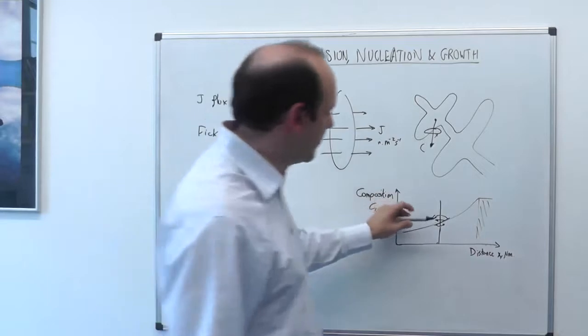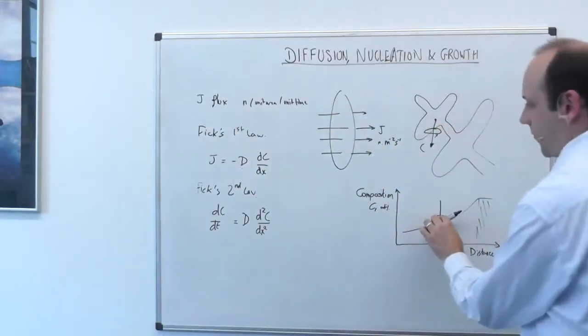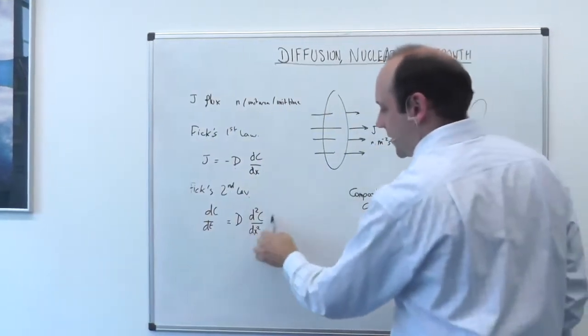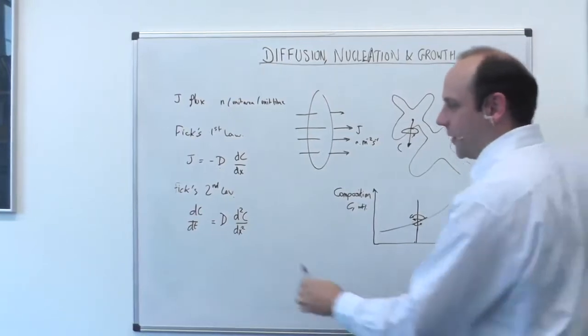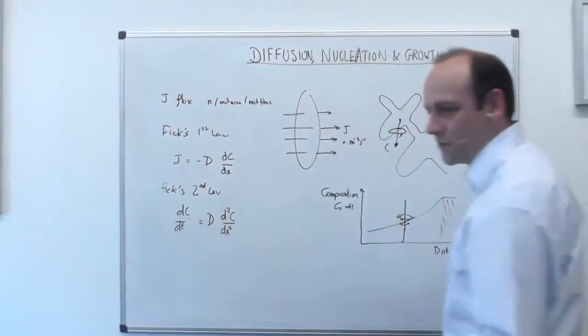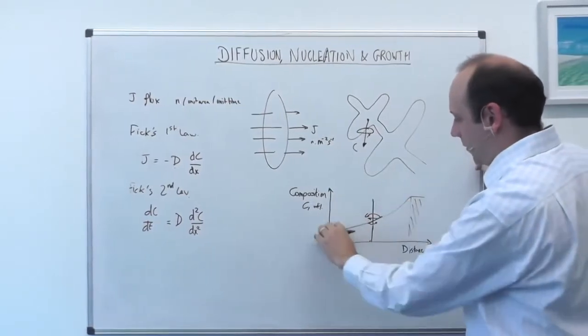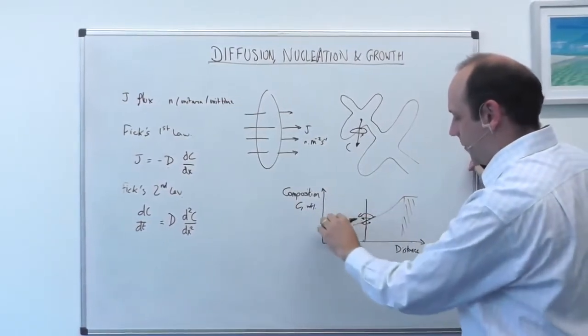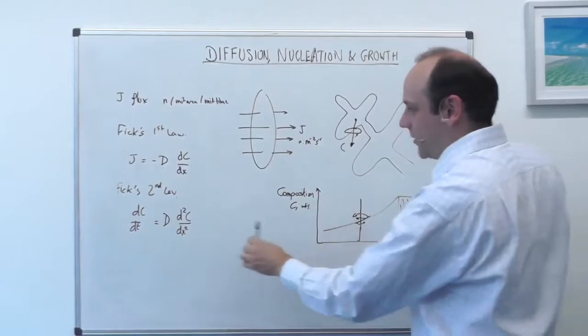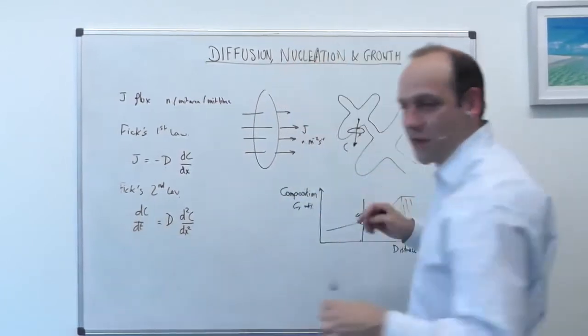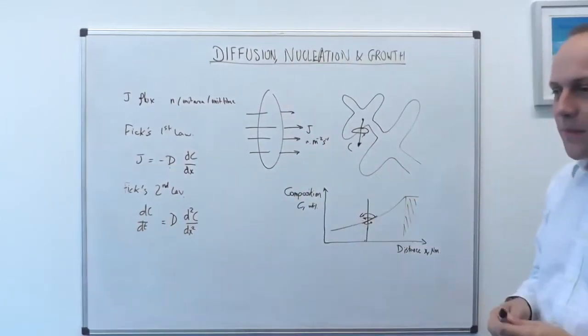If this is a constant gradient, it has a second derivative of 0, which means the composition doesn't change with time. But if there's a curvature to it, the second derivative, how fast that curvature is changing, gives you the composition change with time.